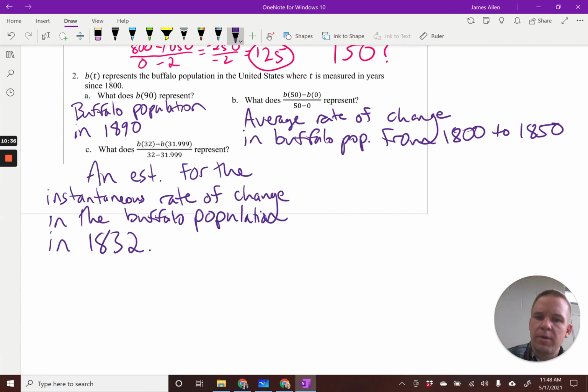And boom, there we have it. Again, this is an estimate for it. And as we pick points that are closer and closer and closer to 32 in this particular example, the more accurate it will be. And if we continue to evaluate this further and further out with more and more nines, closer and closer to 32, we might see a pattern. We might see a number that it's approaching.